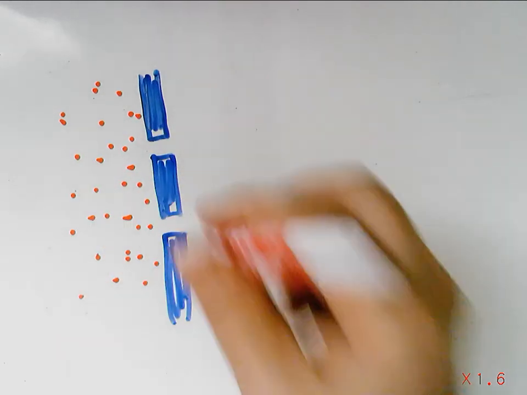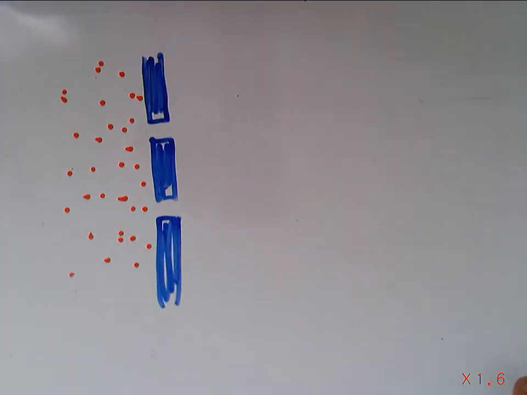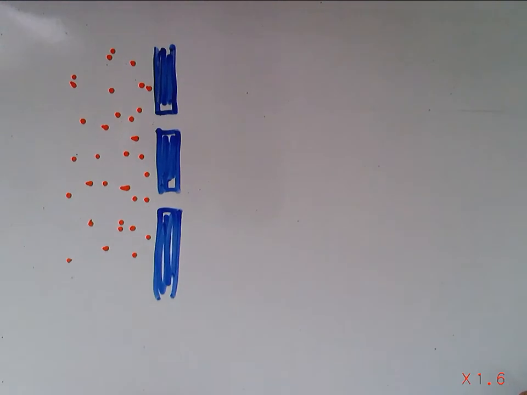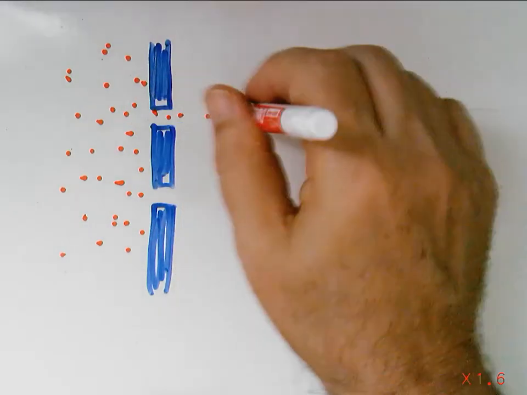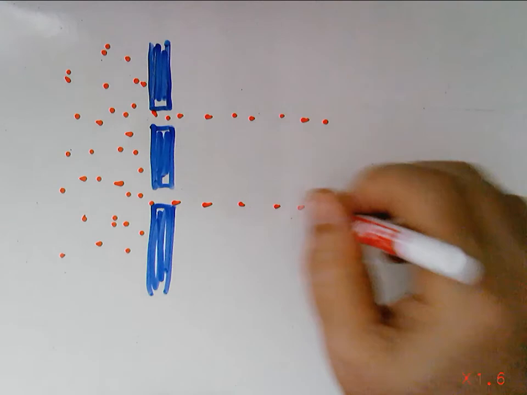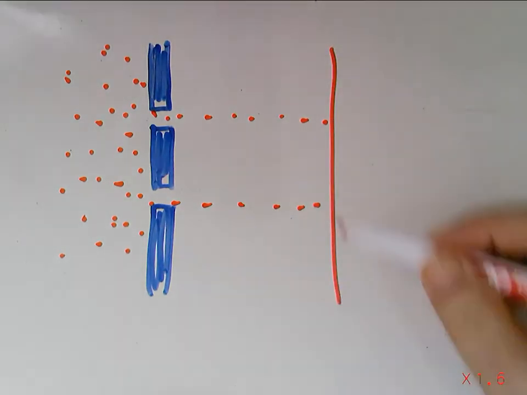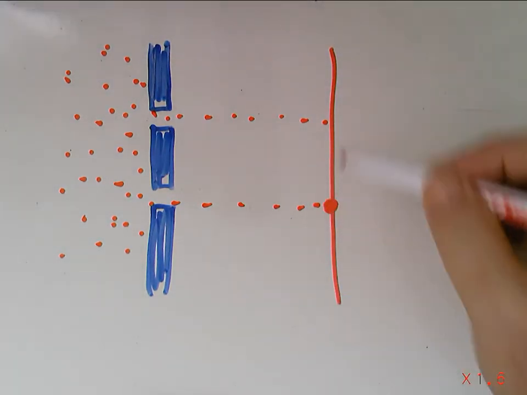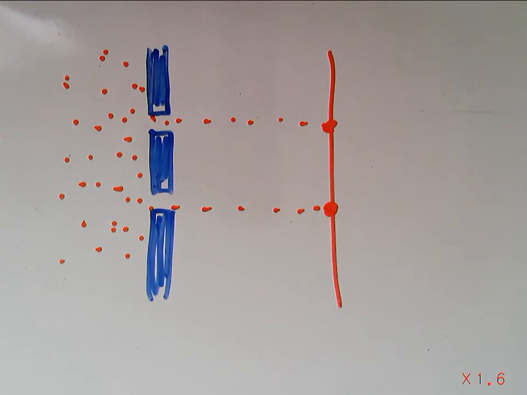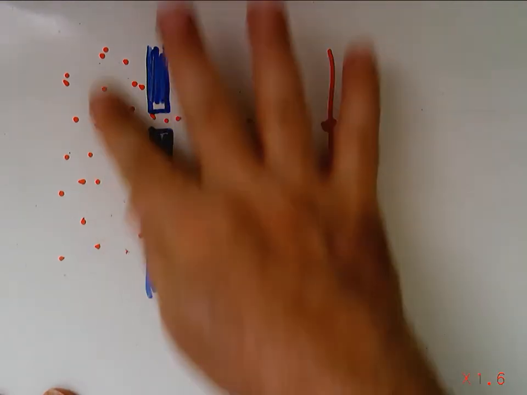And when they happen to hit one of these holes straight on, they can go straight through. And if you have a screen or something over here, you can detect them. You can see that they're all piling up there and there. So you see an image of the two slits there with particles. But when you have waves, something completely different happens.